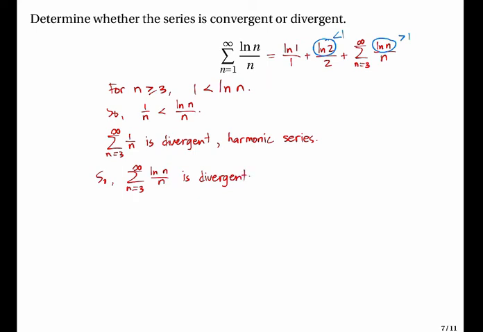And of course, if you add ln of 2 over 2 to this sum, this is still divergent. And therefore, this original series here is divergent. Okay?